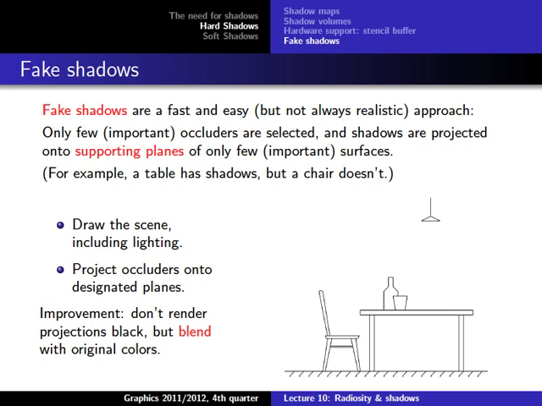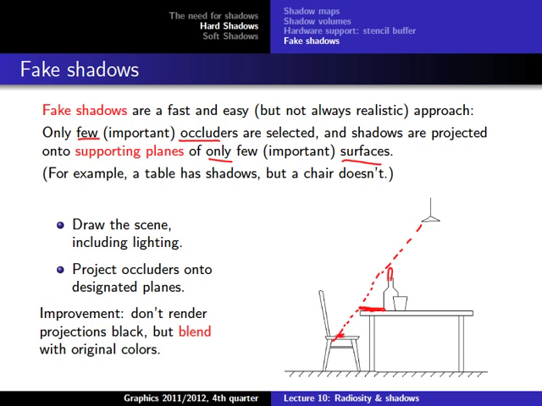The first one is that we only consider a few important occluders, which means ones that will create a big or important shadow. Then only a few important surfaces. So for example, if we have a light here that shines down here, and let's assume this bottle is a little larger, then we have a shadow here, but we also have a small shadow here on the chair.